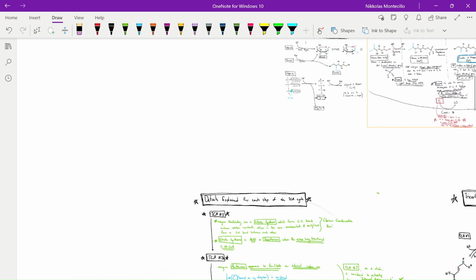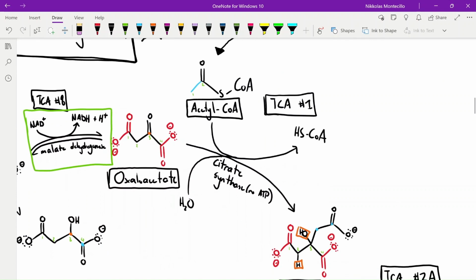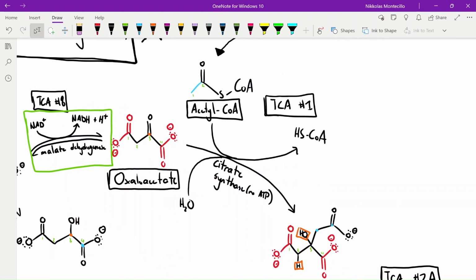Okay, just one more look at this step right here. A CC bond forms here, between carbon 1 of acetyl-CoA and carbon 3 of oxaloacetate.